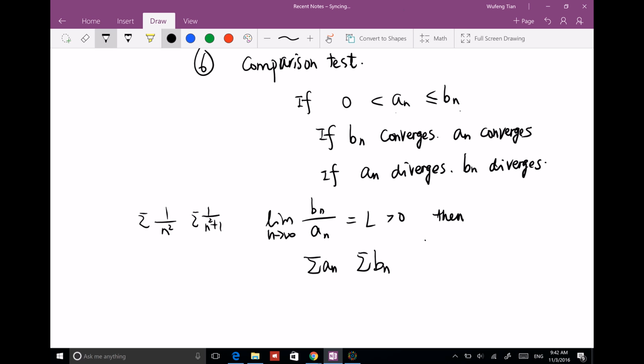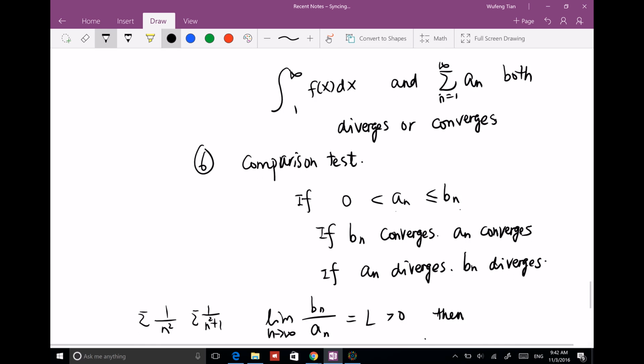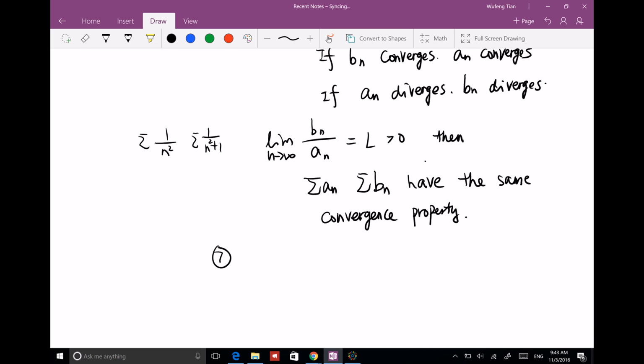You can divide it and you get a constant. So a_n and b_n have the same convergence property.